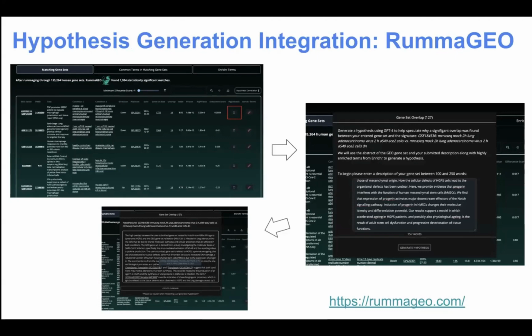Now if you submit a gene set and you have a textual description for it, we can perform a very similar task where we give the overlapping genes to Enrichr first, to find terms from WikiPathways and GO that are significant, looking for these shared biological processes. Then we insert that into the prompt for the model to draw upon when creating its hypothesis. This is something you can play around with as well on rummageo.com.